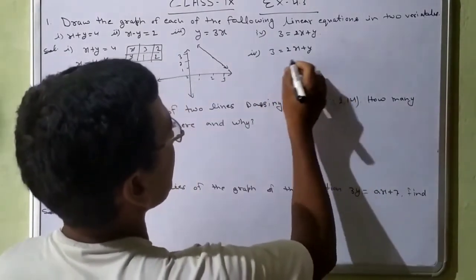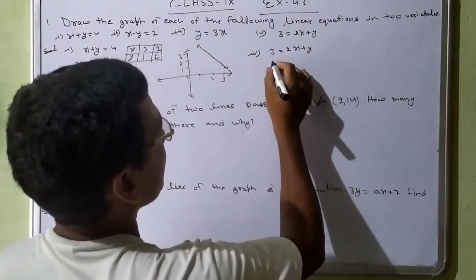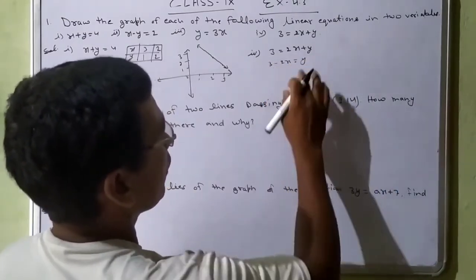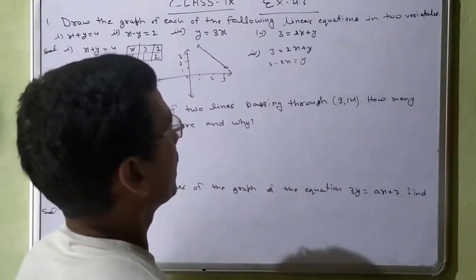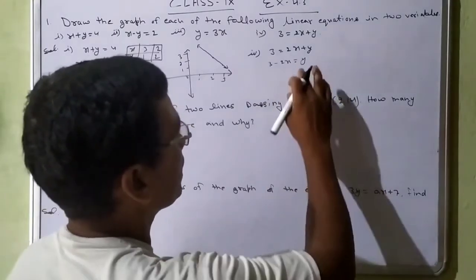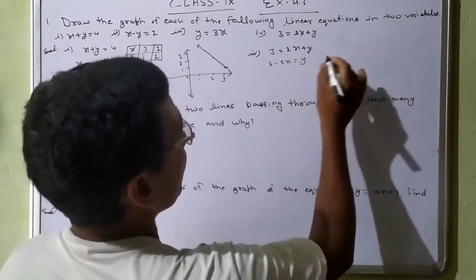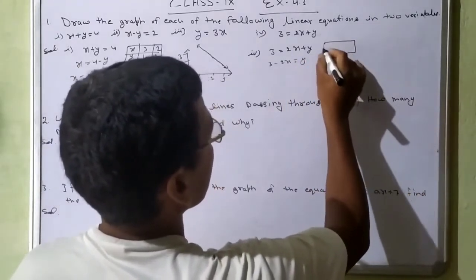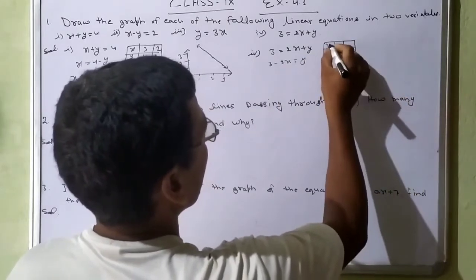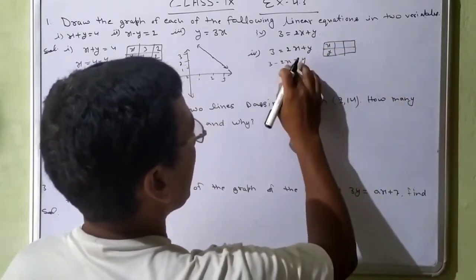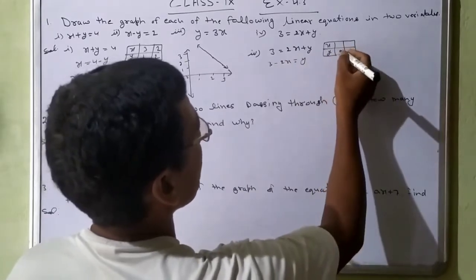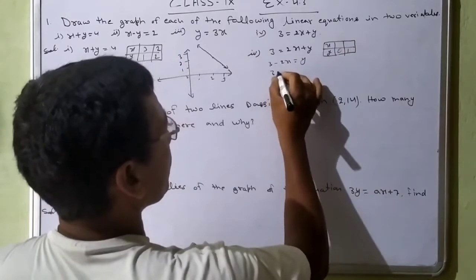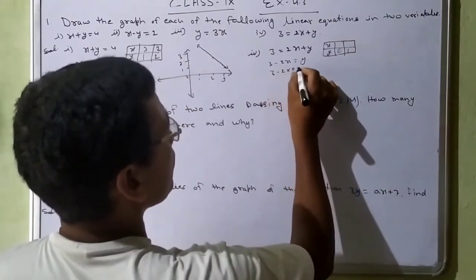Next, the fourth part. Here also we will do like this. 3 minus 2x is equal to y. Now y we have separated here, because y is single. Now the box, x, y. Now the x value we will place here, 0, 1, any value you can place. So 3 minus 2 multiplied by 0 is equal to y.